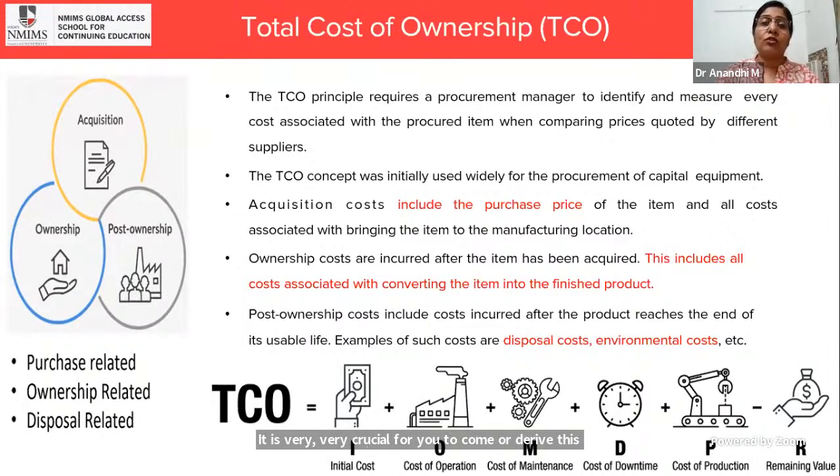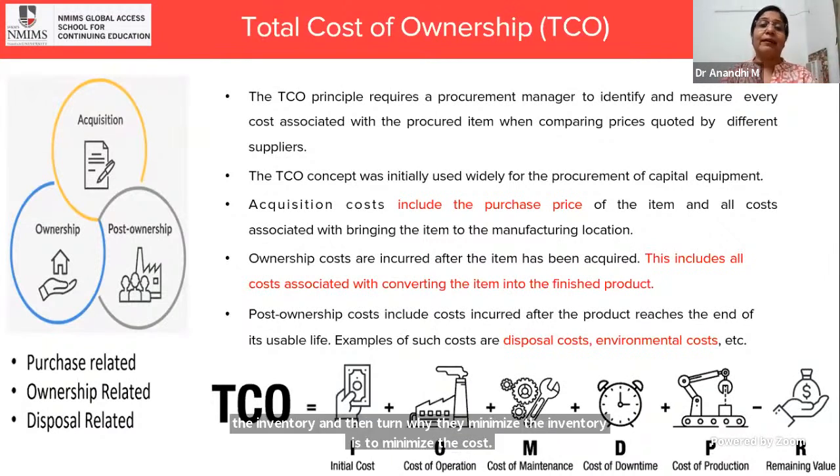This total cost concept will help you find out which costs are crippling you, which costs you are incurring, and where exactly you can minimize the cost. Obviously, all our inventory classification tools and techniques will suggest where you need to minimize the inventory. And in turn, why we minimize inventory is to minimize the cost. And this total cost of ownership directly addresses that.